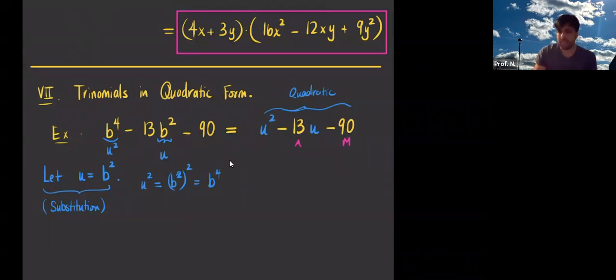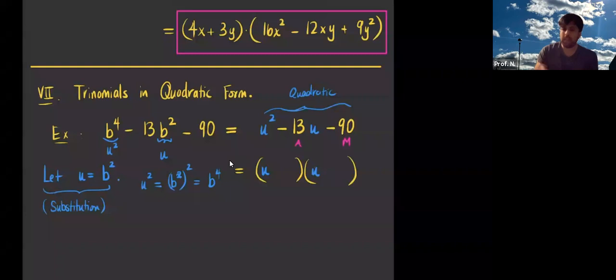Because the product is negative, one of them must be negative, and the term in the middle is negative, so one of the numbers has to be bigger than the other, or I should say more negative than the other. So then the factorization becomes this, look. This has to be u, the first two terms.